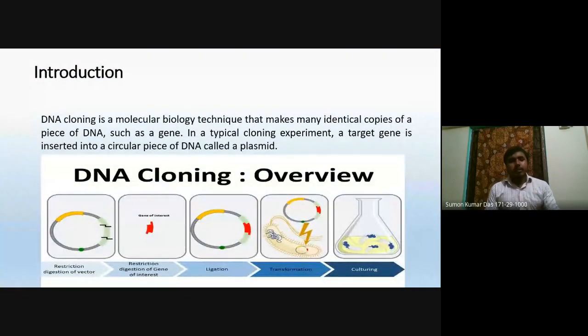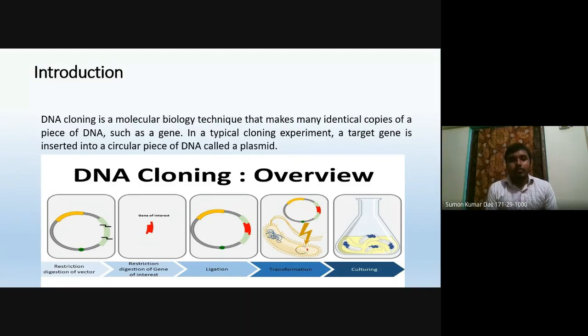At the beginning of my presentation, I try to give an overall configurational structure of DNA cloning technology and the performance area, how we get our desired cloning DNA.